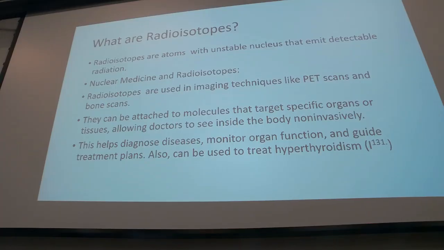And since cancer cells, all they do is divide without purpose, and of course they use a lot of glucose, they can take up more of this radioisotope-labeled glucose, and you can see it in something that is called a PET scan. PET scan stands for positron emission tomography.